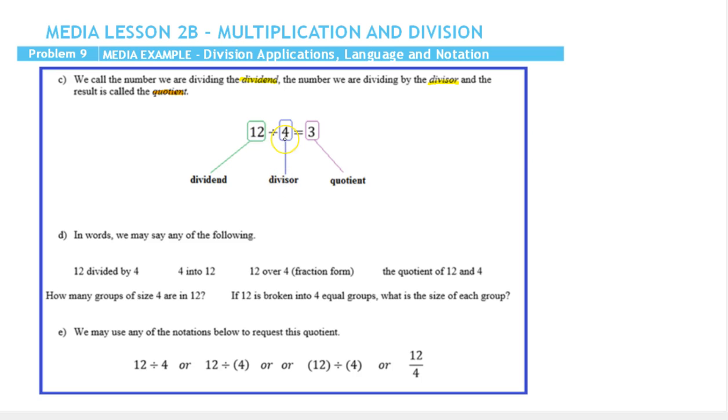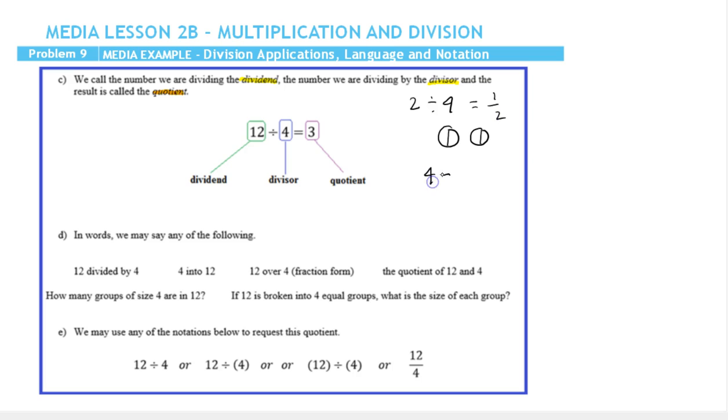So dividing 12 by 4 is not the same as dividing 4 by 12. So let's think of just something simple with a pizza. If you had two pizzas and you shared it with 4 people, now this would give us a fraction, but I think you can imagine that you would each have, there's the 2 pizzas, break it into 4 pieces, you would each have half a pizza.